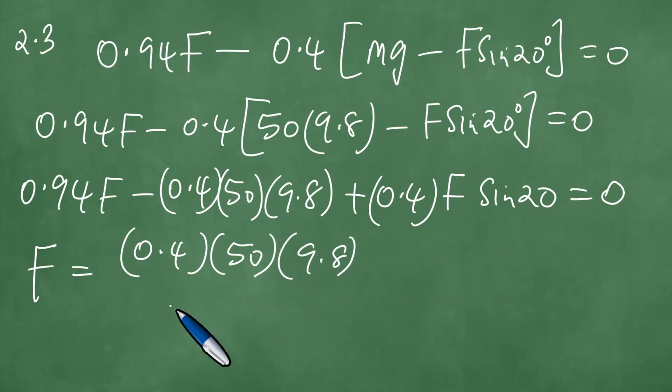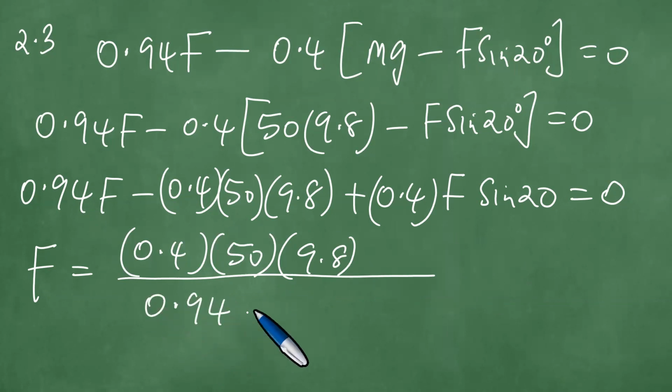So transpose it is 2. And then now here we would take a common factor. Okay, if you take a common factor out of these two, you'd have 0.94 plus 0.4 times sine 20. Oops, sine 20.